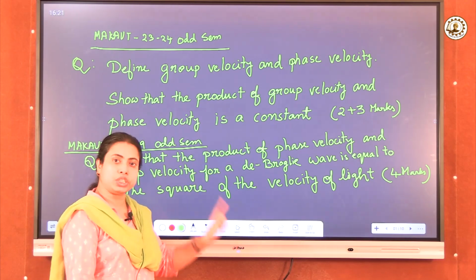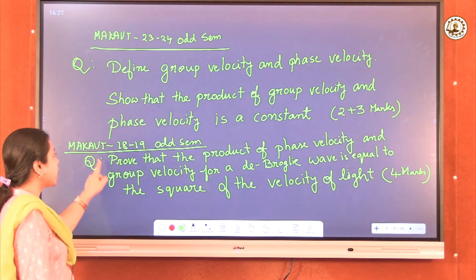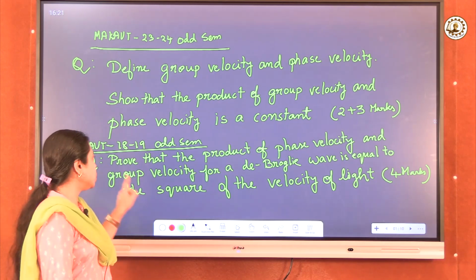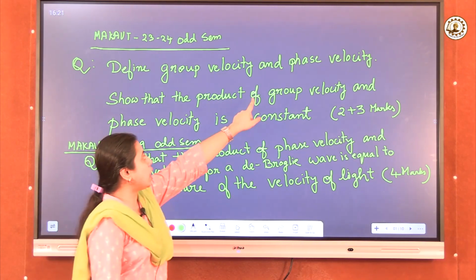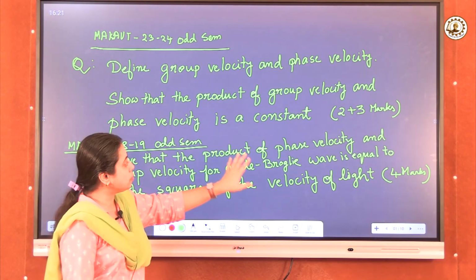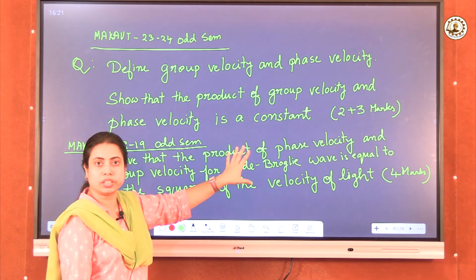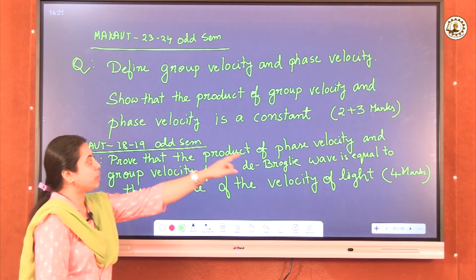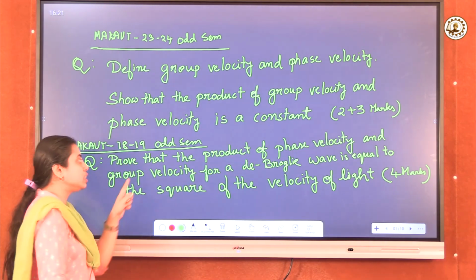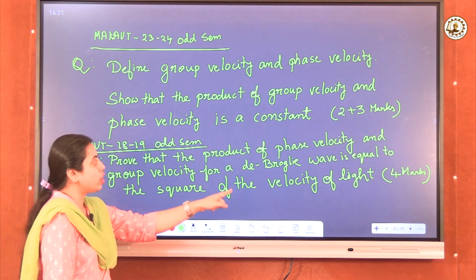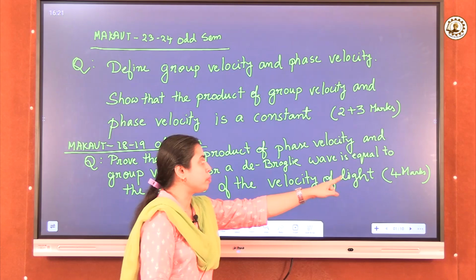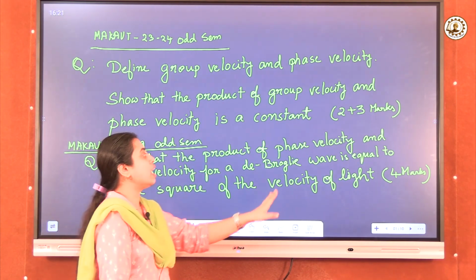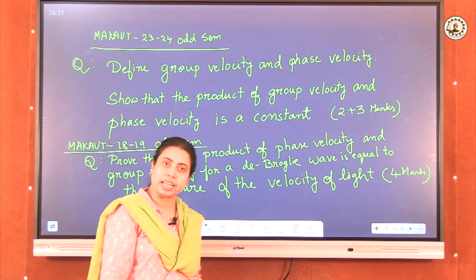A similar question came in MAKAUT 18-19 odd semester. The last part of that question is similar to this whole question. The question is, prove that the product of phase velocity and group velocity for a de Broglie wave is equal to the square of the velocity of light.